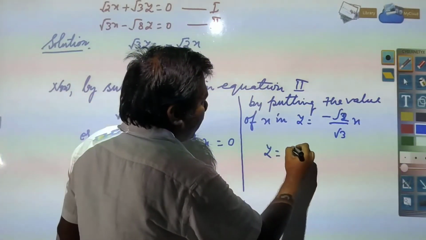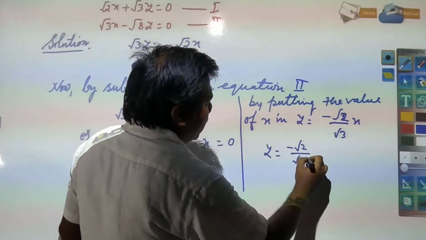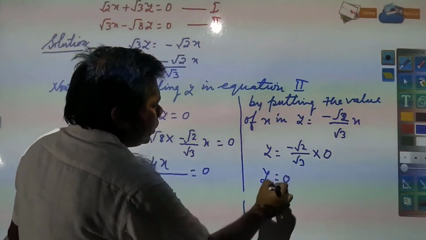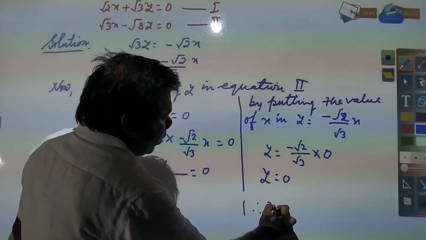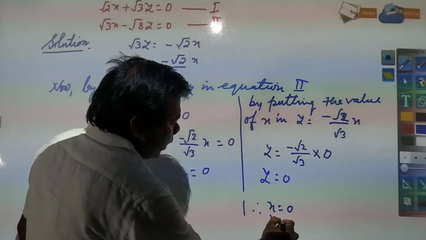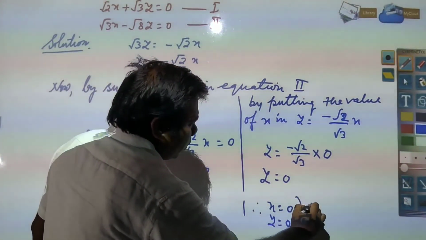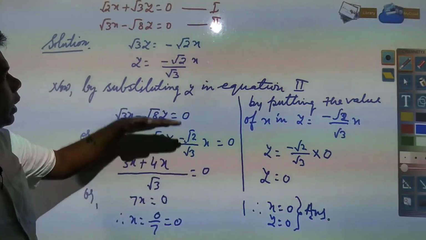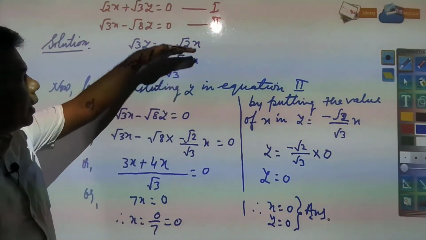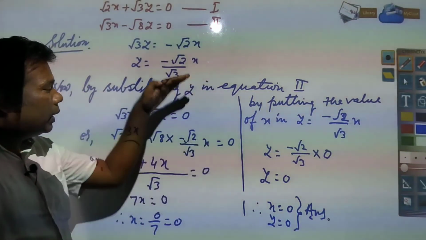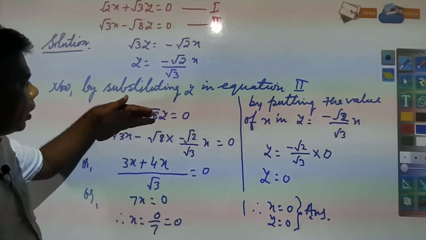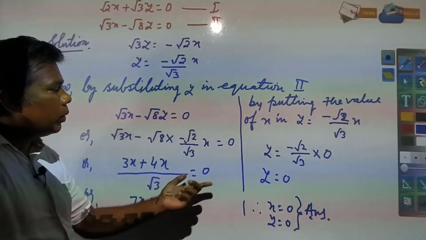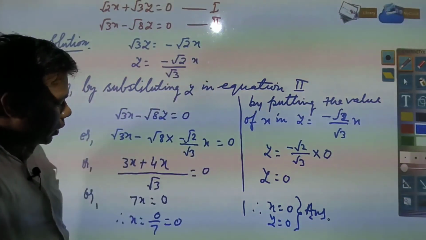Y will be minus root 2 by root 3 into 0, and therefore y will be equal to 0, and hence what you have found, x is equal to 0 and y is equal to 0, and this is your answer. So I hope you understood this way. Just if you are applying the method rule, I think each and every question you will be able to solve, only you need to know how to simplify. If you can do simplification, you will be able to solve each and every question.